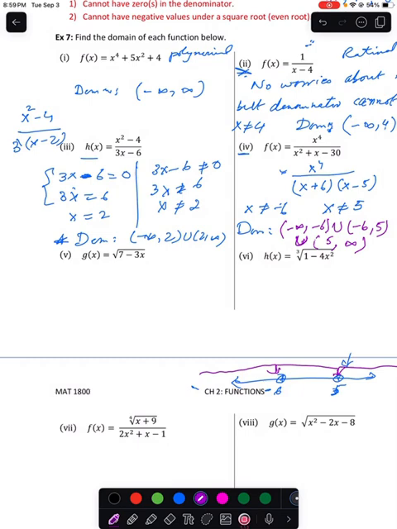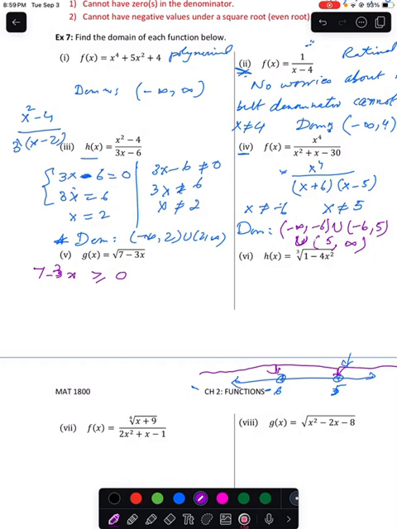So now we look at the square root or radical function. Whenever you have a square root or a fourth root or a sixth root, normally you will see a square root, but just in case. Because we cannot have a negative number, we say that 7 minus 3x must be greater than or equal to 0, and solve this inequality. The better way to do this one is, instead of subtracting 7, I will add 3x to both sides.